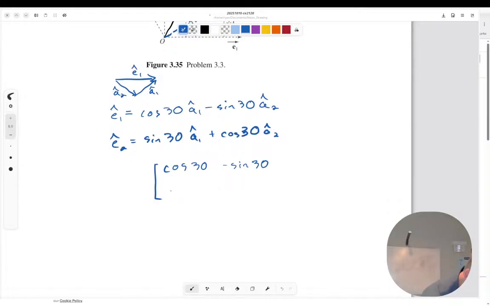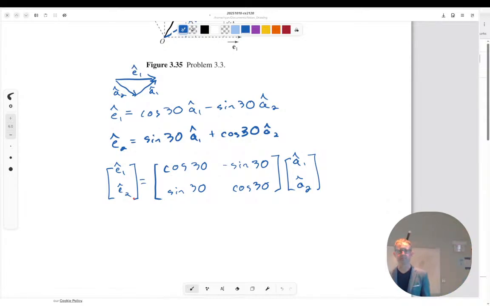Oh, if I could write it correctly. Going from A1, A2 back into E1, E2, you can convert this way.